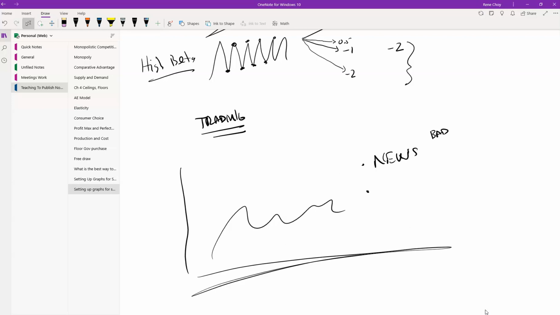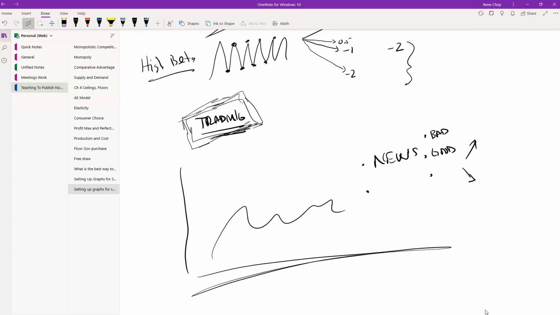Sometimes bad news is good news, sometimes good news is bad news, and so on. And sometimes neutral news can be good news or bad news, aka for the stock to go up or down. So trading, even though I just helped you set up some trading, usually does not work for most people. And therefore, I normally do not recommend it.